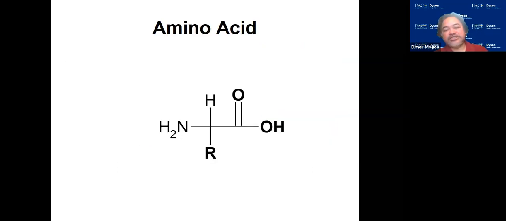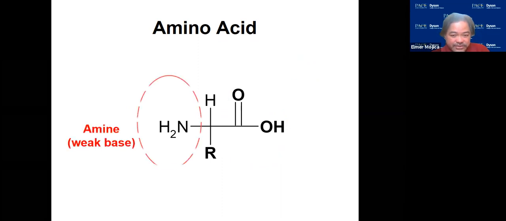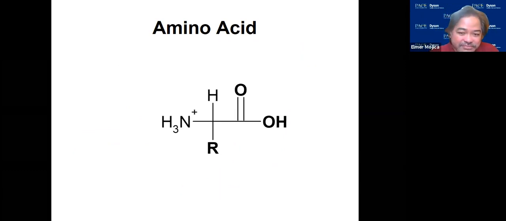If we're going to look at the amino acids, this is how it looks like. This is the carboxyl group, and this is the amine group. The one that differentiates the amino acids is the R group. I will not ask you to memorize because we're doing open notes for the exam.